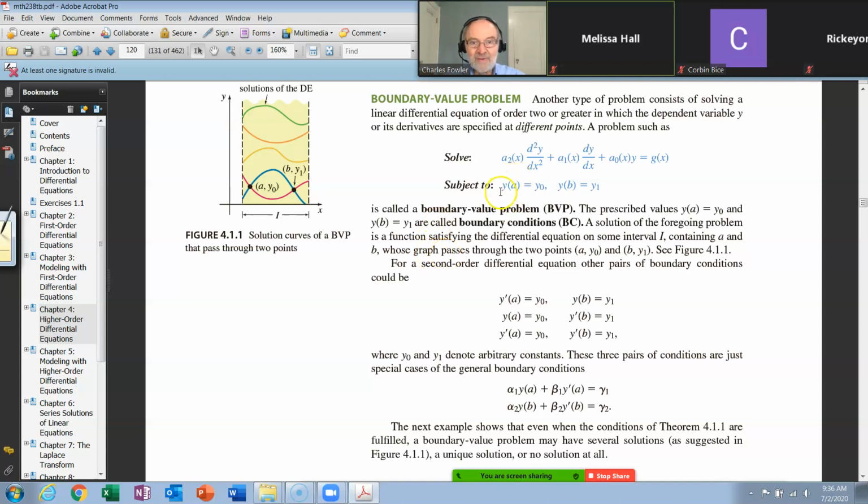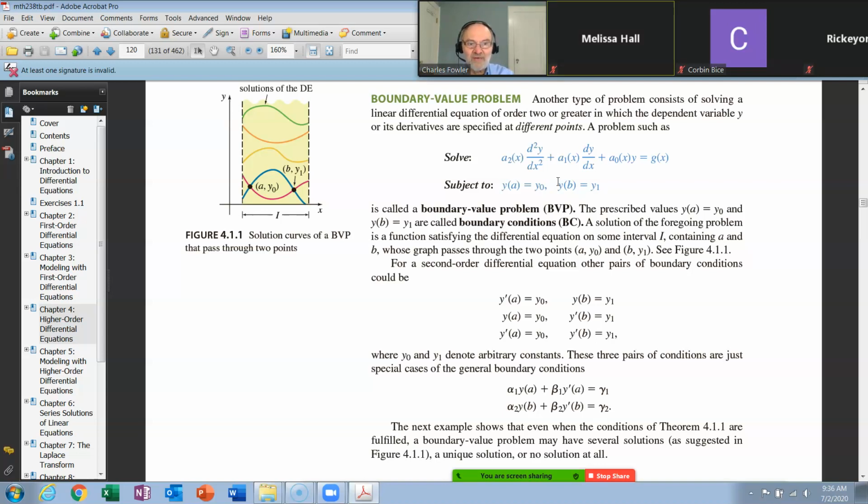Your one condition is y of a is equal to y0, but y at b is y1. That's a boundary value problem because you're not taking those functions at the same values. And the prescribed values are called the boundary conditions, just like we called them the initial conditions before.